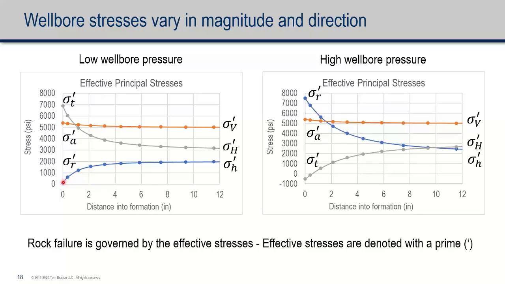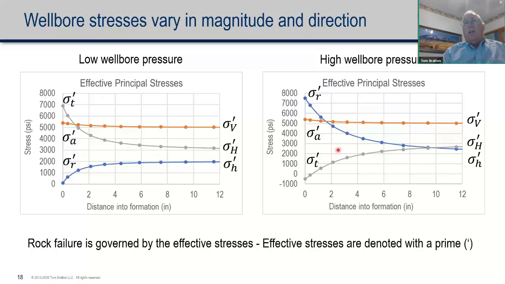And the lower the radial stress goes, the higher the hoop stress, or the tangential stress, goes. And like I said, the axial stress shown here in orange is very similar to the vertical stress, but there is a kind of Poisson effect that varies with distance into the formation.